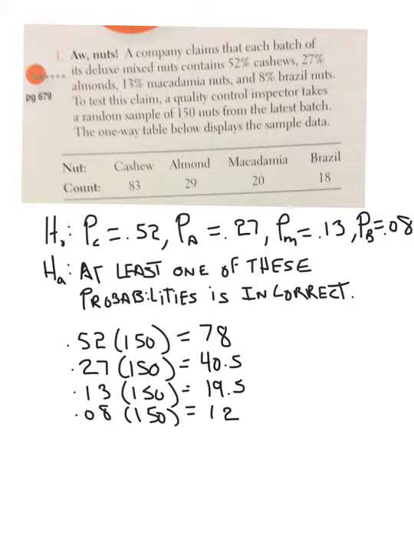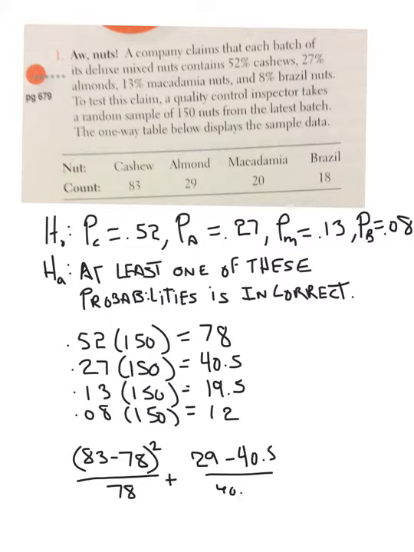Okay, so what do we do? It's observed minus expected. So 83 minus 78. And we square that and divide by the expected. We add to that 29 minus 40.5, divided by 40.5.